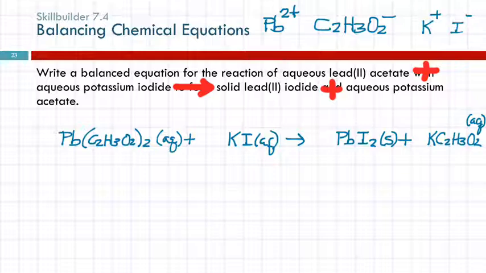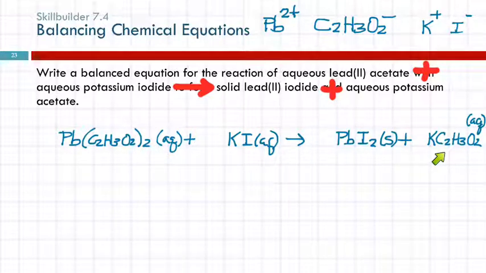So let's just start at the beginning and look at Pb. On this side of the arrow, how many lead atoms? 1. Okay. On the right side of the arrow, how many lead atoms? 1. Awesome. That's already balanced. Okay, so C2H3O2. How many of these ions are here? There's 2, right? That's what the parentheses and the 2 on the outside means.